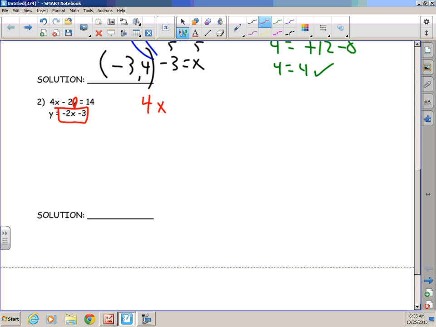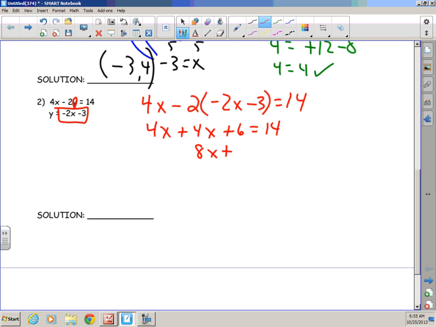So now I get 4x minus 2 times -2x minus 3 equals 14. If you notice, the objective is to get one single equation that has one variable only. Now I'm just going to solve this linear equation. I get x is 1.